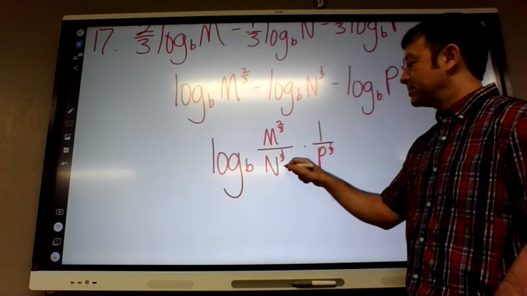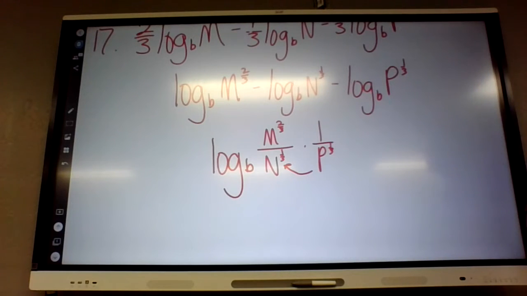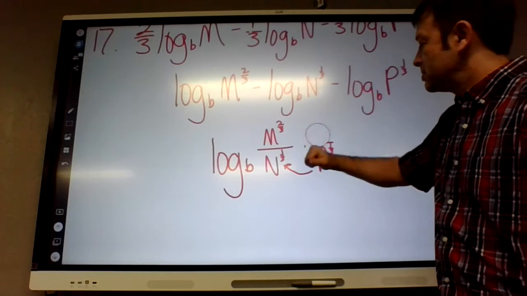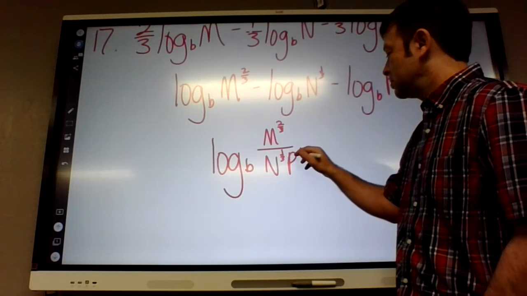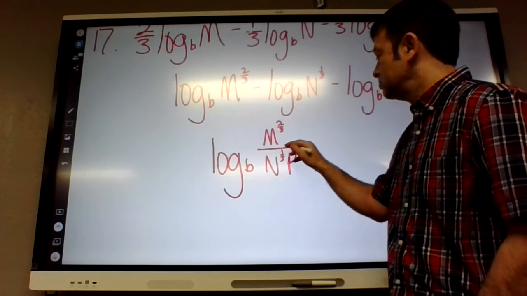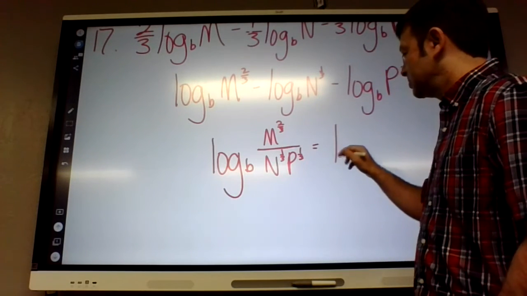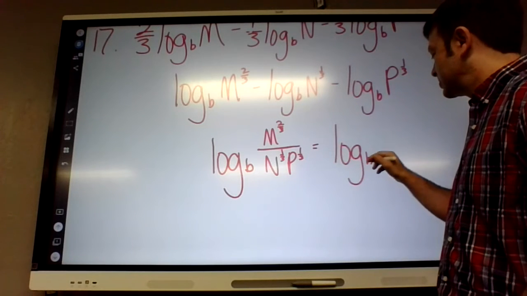So basically it just goes on the bottom with the divisor. So anybody want to guess how the book wrote this?